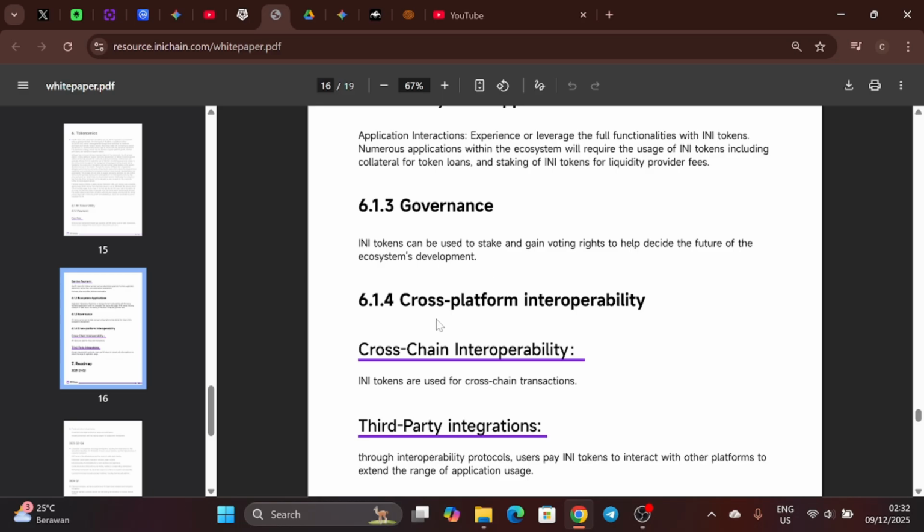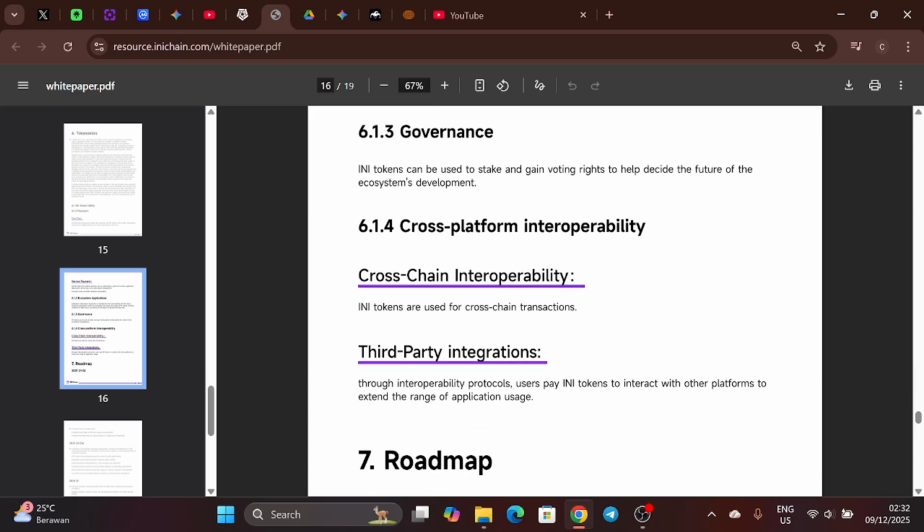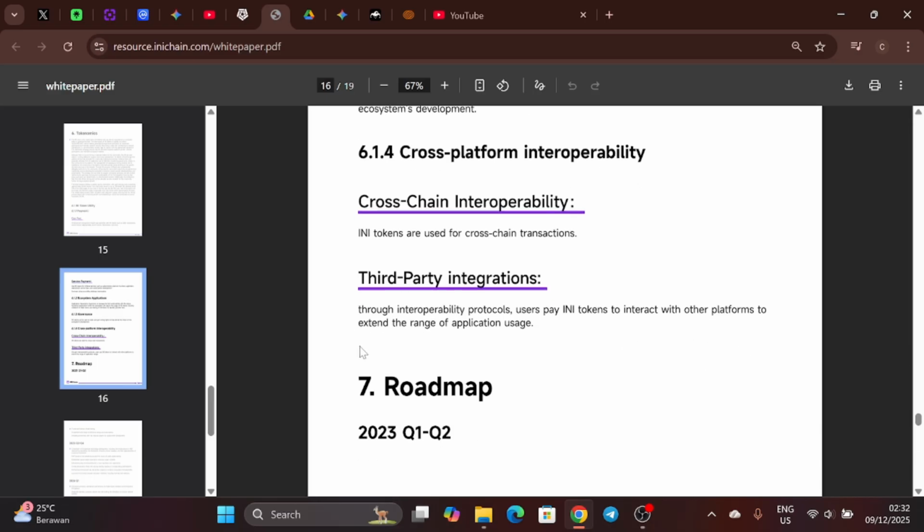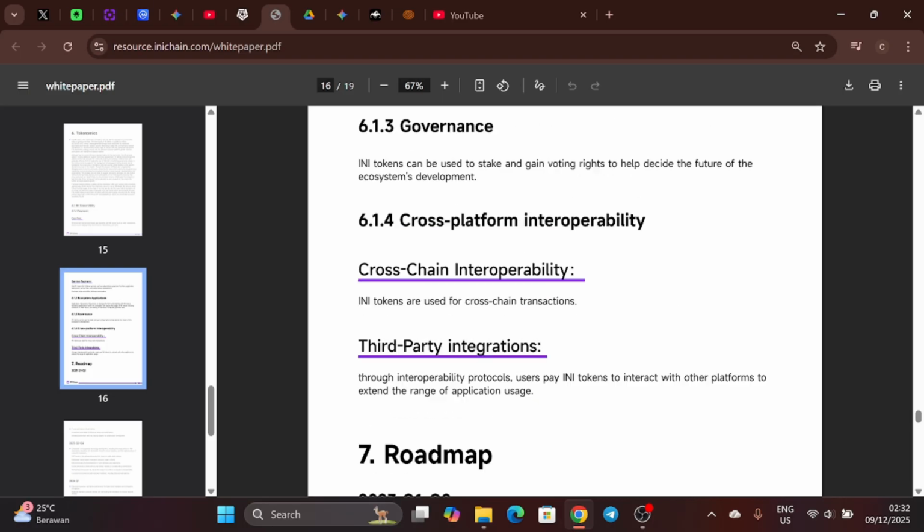INI token, okay. Cross-platform interoperability. So cross-chain interoperability, INI token are used for cross-chain transactions. Okay. Third-party integration. Interoperability protocol using INI token to interact with the other platform to extend the range of application usage.